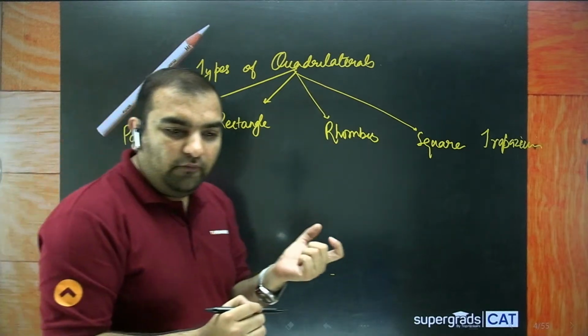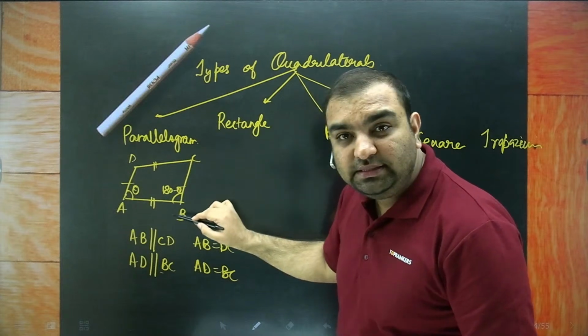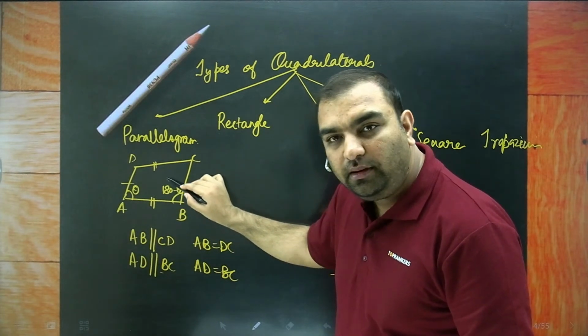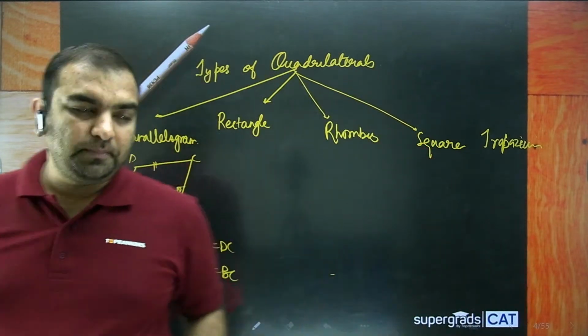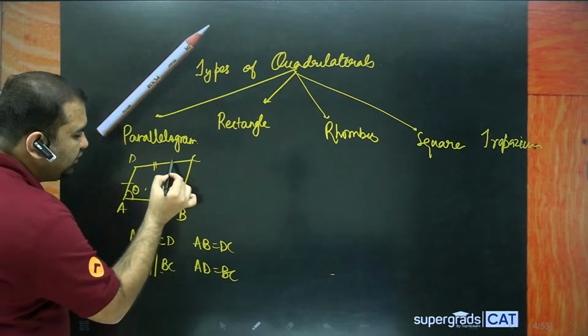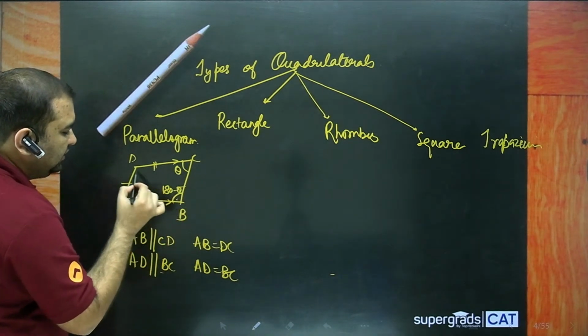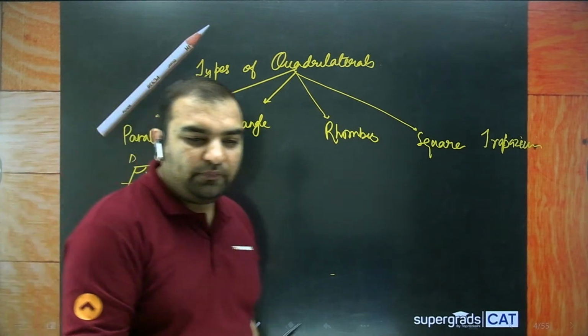By the property of two parallel lines and a transversal, the adjacent angle pair sums to 180 degrees. Similarly, this is parallel and that is also parallel, so we get theta and again 180 minus theta. So what is the observation?